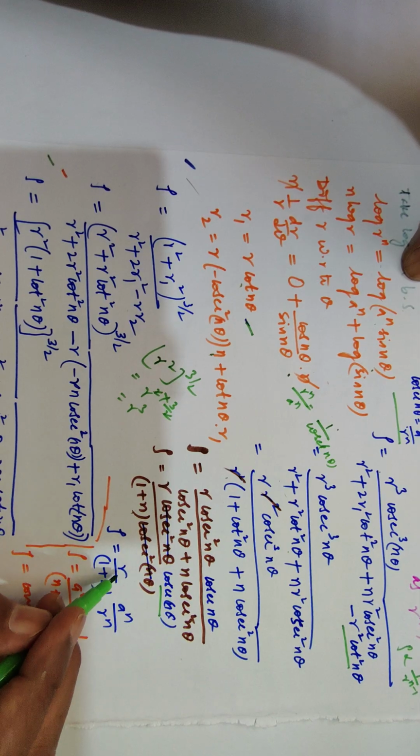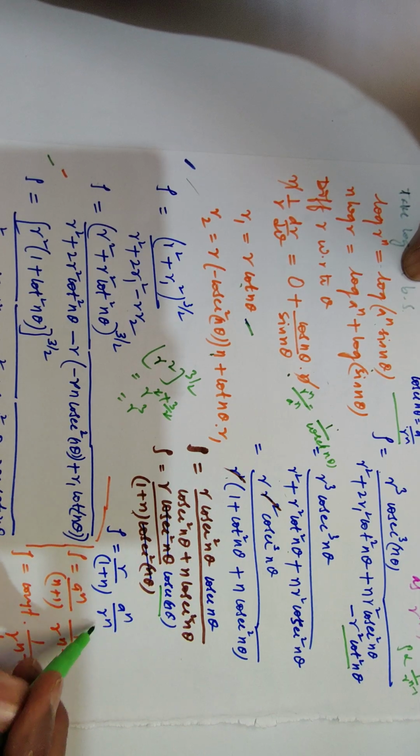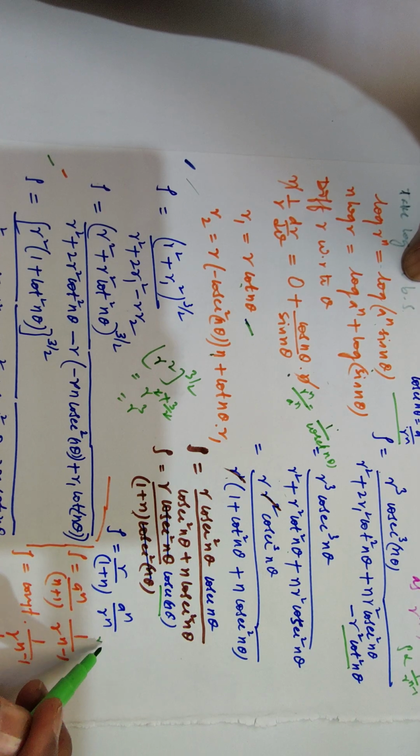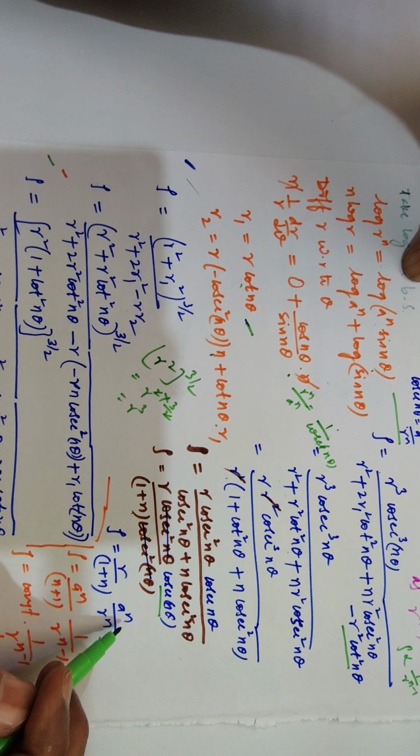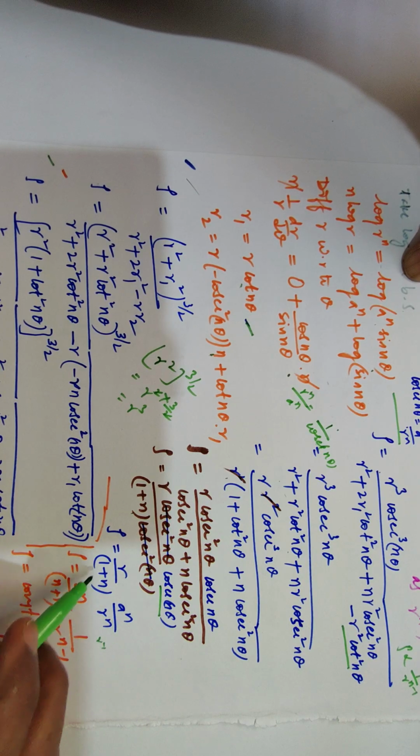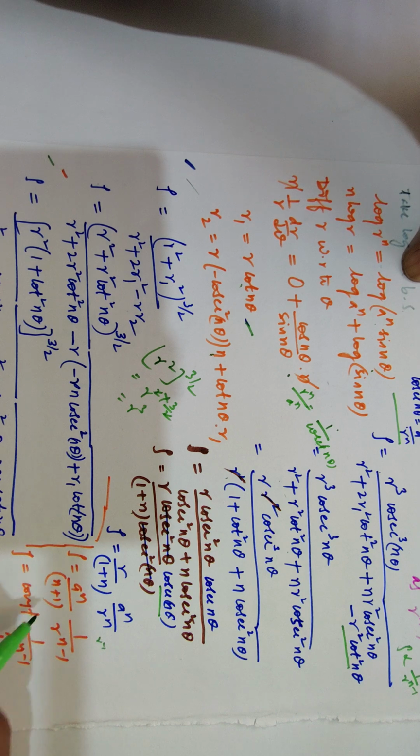Okay, so you bring r to denominator. It will become r raised to minus 1. So this r raised to minus 1. When bases are same, powers are added, r raised to n minus 1. Here a raised to n divided by 1 plus n, or n plus 1 as it is. So a is a constant, n is a constant.